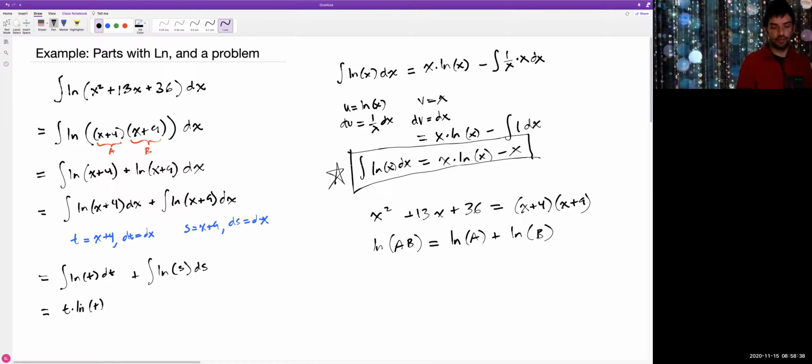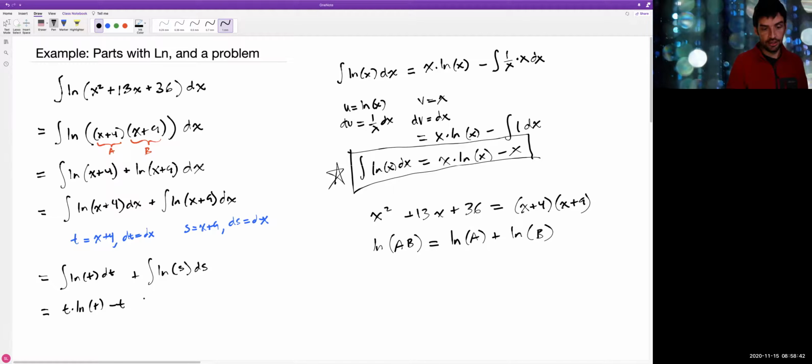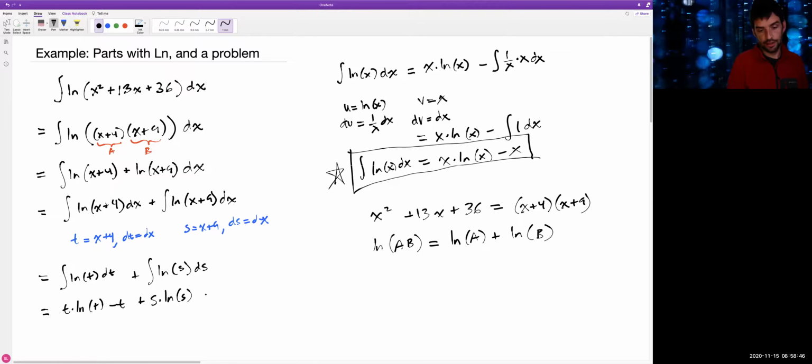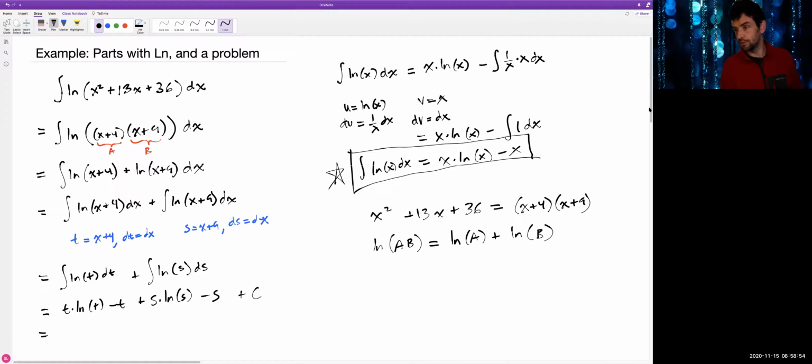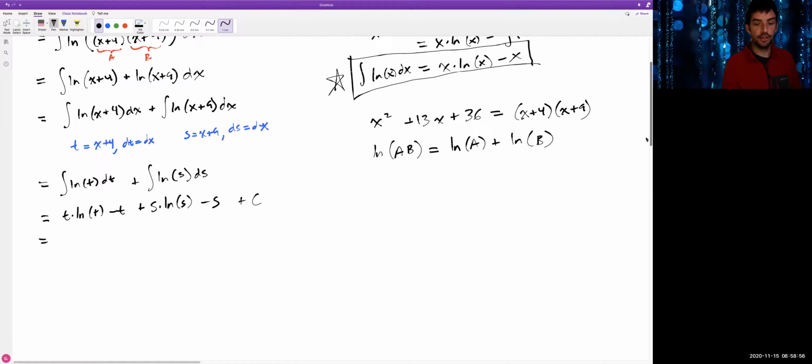We just say x, but this is just another variable, minus t plus s natural log of s minus s plus c. And then I substitute in what these are equal to. Let me scroll down just a little bit.